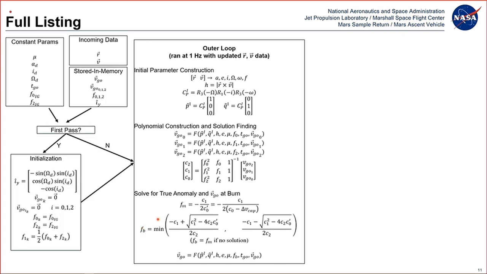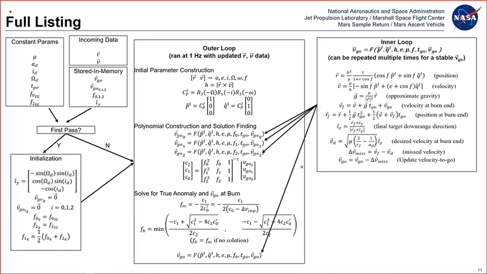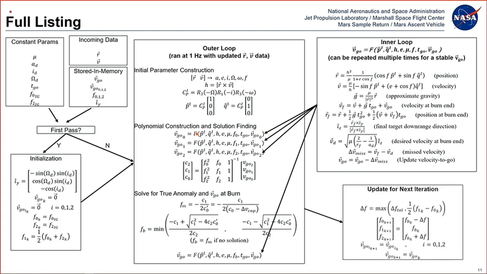The min here is for the first true anomaly because there's two places where the minimum location will occur. Once you're at that minimum location, feed it back into the inner loop, compute the true VGO, and get your delta V error, that little error which will go to zero the more you run this. That's the outer loop. Every time you see F here, it means run the inner loop.